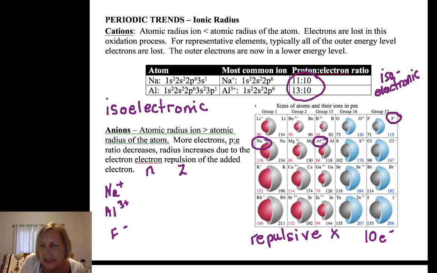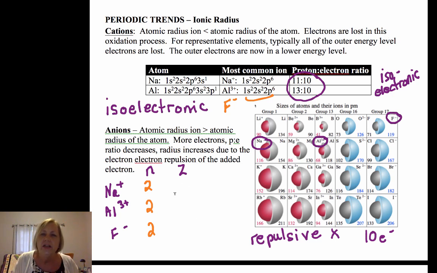You notice here that all of these would end at n equals 2. The fluoride ion has the exact same electron configuration, so they all have n equals 2. That's not going to help us so much. So let's now move on to the next step.